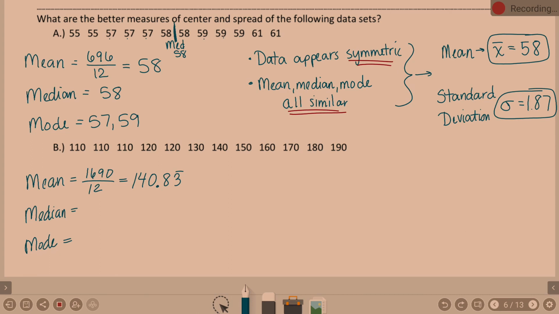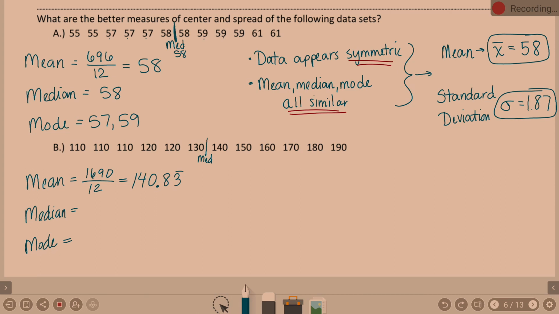What about median? There's 12 numbers, so you're counting in 6 each way, and it does indeed end up between 130 and 140. Common sense to me says the middle of 130 and 140 is 135.